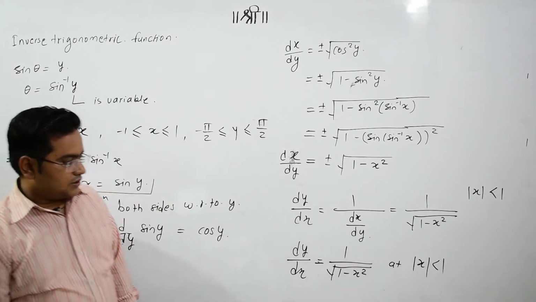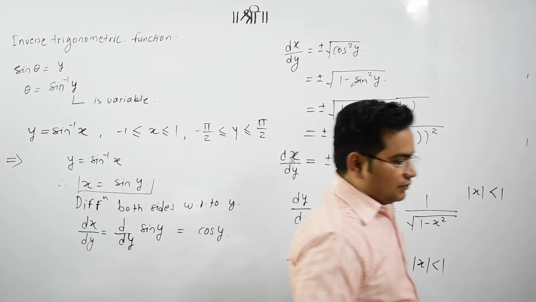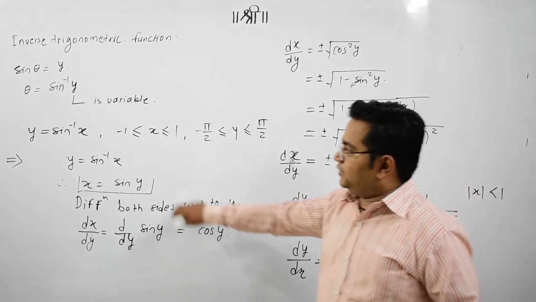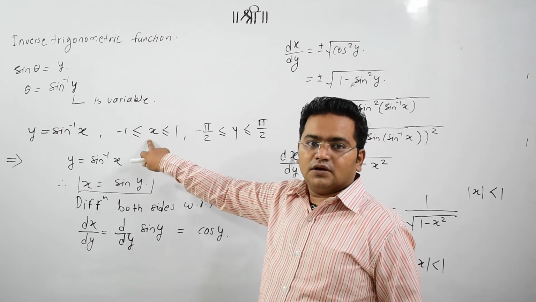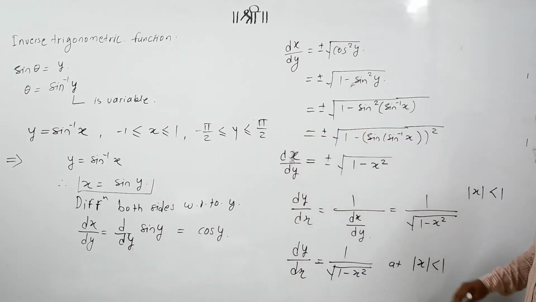Now most important thing. So what happens if this mod of x is not less than 1? If mod of x is not less than 1, what will happen? Nothing will happen. It is always this case. Okay, this is the particular case and we have the value over here. It should not exceed 1.